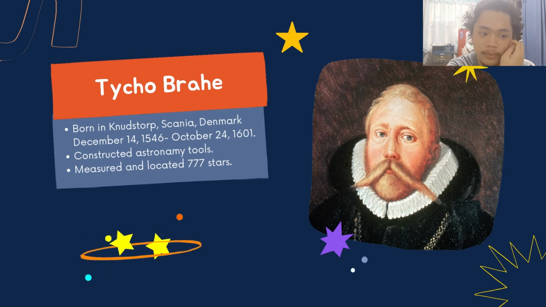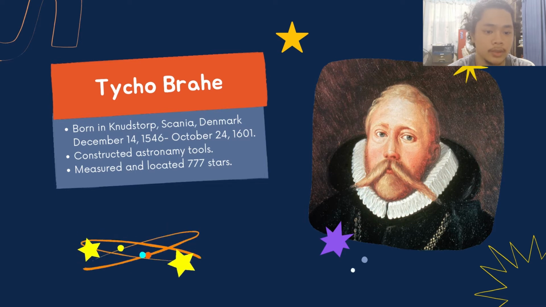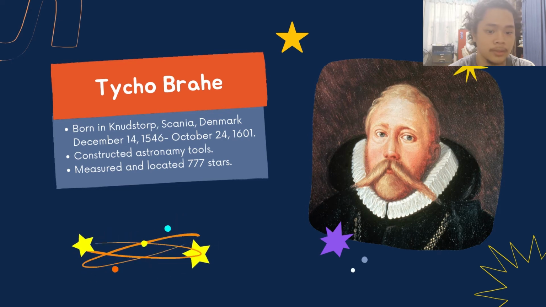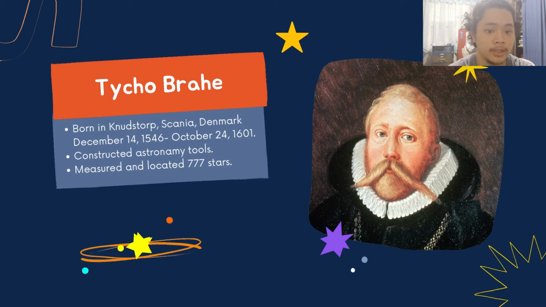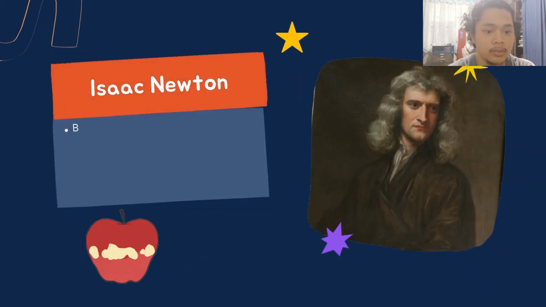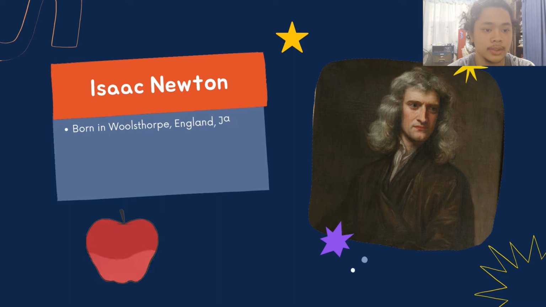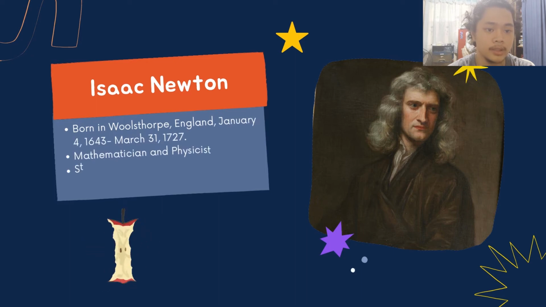Before the creation of the telescope, his observation was the most precise conceivable, and it comprised a complete study of the solar system and an accurate position of more than 777 fixed stars.